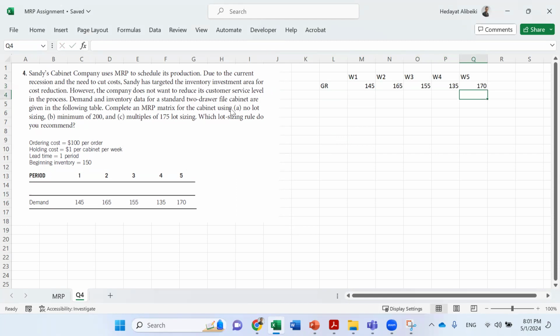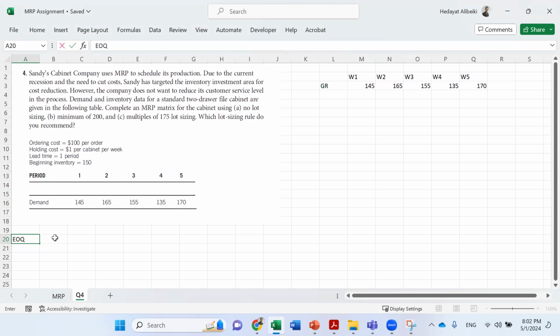The question asks for no lot sizing, basically lot for lot, minimum of 200, and multiple of 175. But I'm going to go ahead and calculate, and then it asks which rule you recommend. So the costs are given in order to be able to calculate the cost and compare them based on the cost estimates, right? But I'm also going to do EOQ.